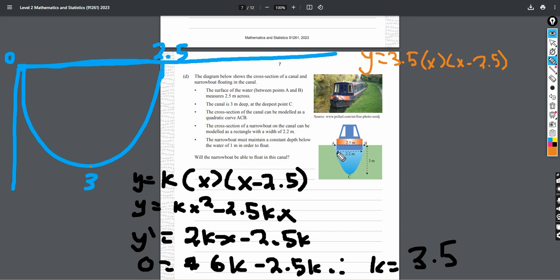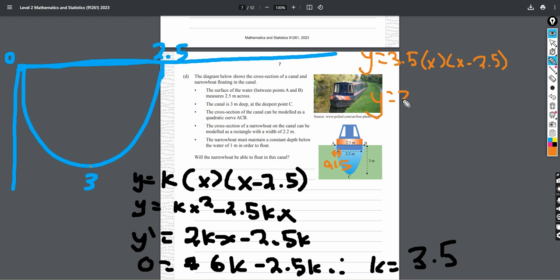And we need to find the, okay, so 2.2 across implies that this distance here is 0.15 meters, because it's 0.3 divided by 2.